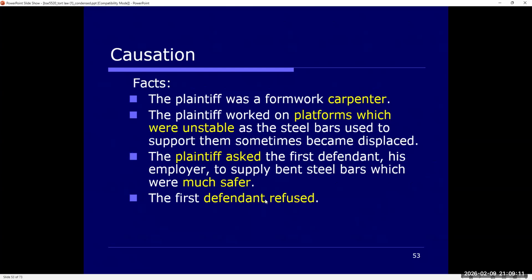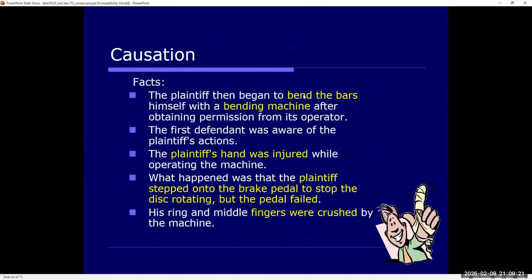The first defendant refused to provide safe equipment for bending the bars. The plaintiff then began to bend the bars using the bending machine, but the plaintiff's hand was injured eventually. What happened was that the plaintiff stepped onto the brake pedal to stop the disc rotating, but the pedal failed. So that means the machine was not safe. Then his middle fingers were crushed by the machine.